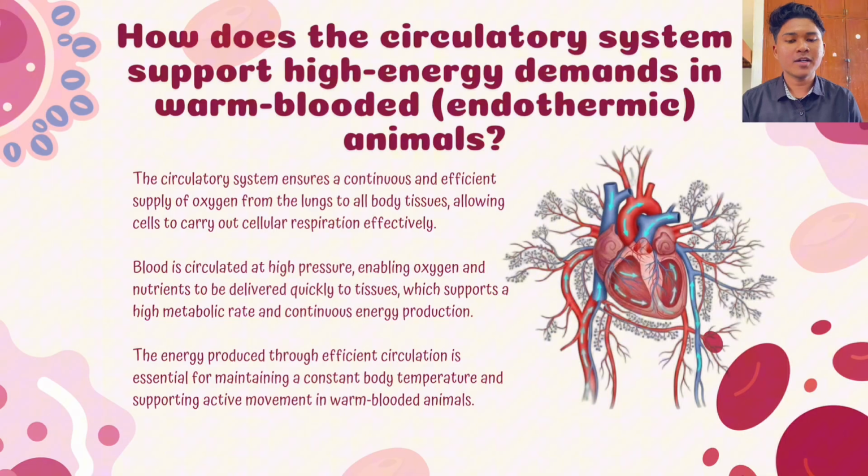Next, I will explain how the circulatory system supports high energy demands in warm-blooded animals. The circulatory system ensures a continuous and efficient supply of oxygen from the lungs to all body tissues, allowing cells to carry out cellular respiration effectively. Blood is circulated at high pressure, enabling oxygen and nutrients to be delivered quickly to tissues, which supports a high metabolic rate and continuous energy production.